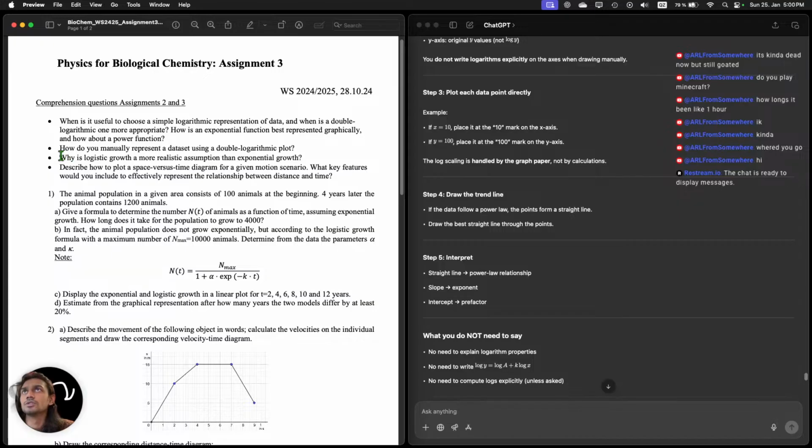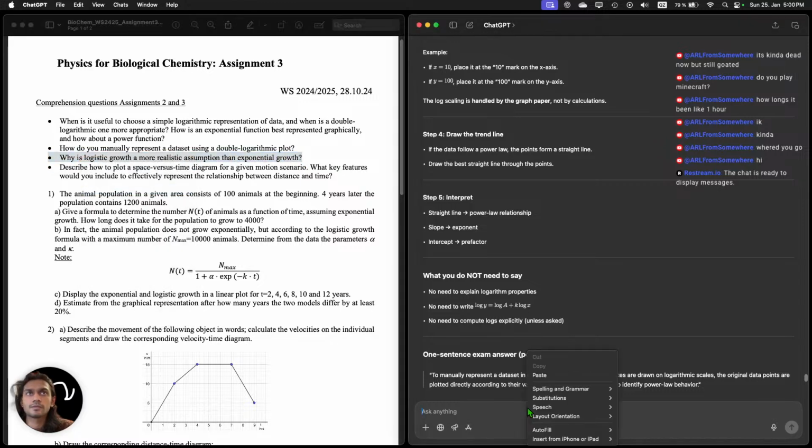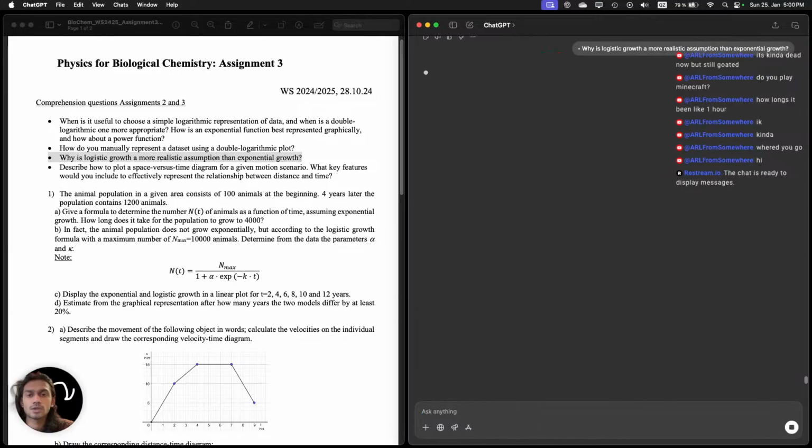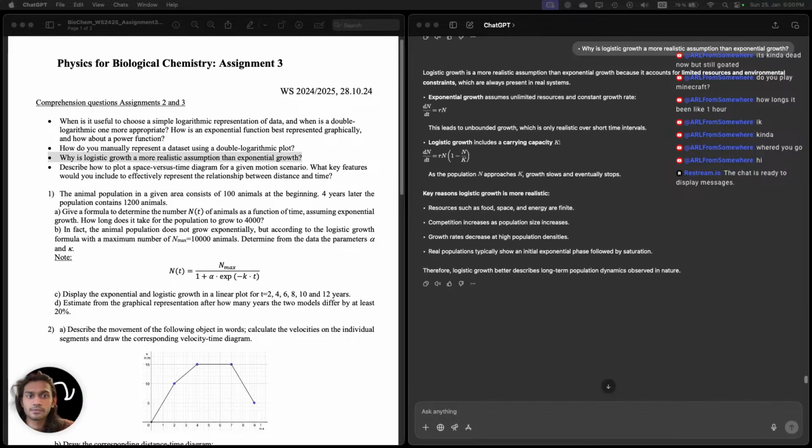Why is logistic growth a more realistic assumption than exponential growth? What do you mean by logistic growth?